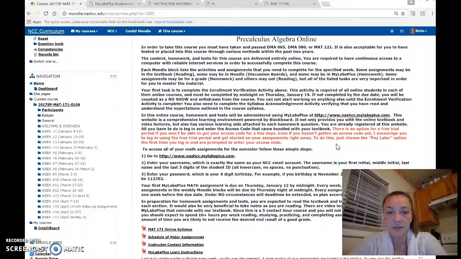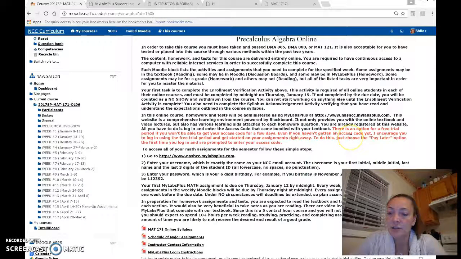And once you get started reading the things posted in Moodle, you will see I've even highlighted in red, there is an option for a free trial period if you won't be able to get your access code for MyLabs Plus right away. Even if you haven't gotten your access code, you need to log in with the free trial period and get started on your assignments right away.